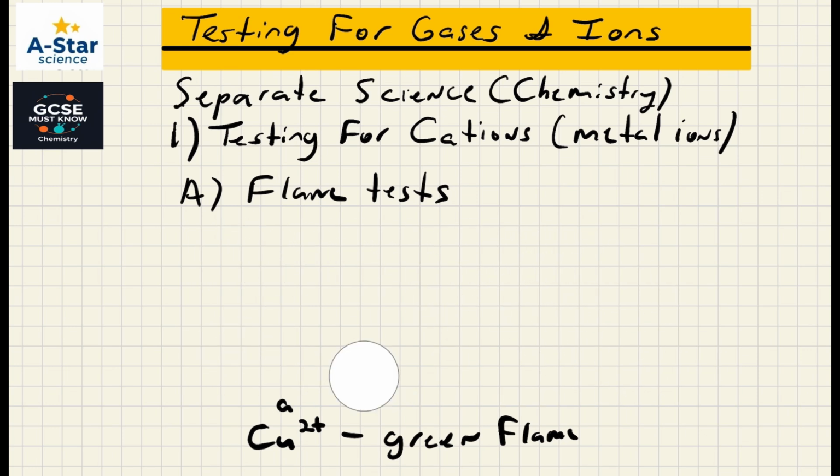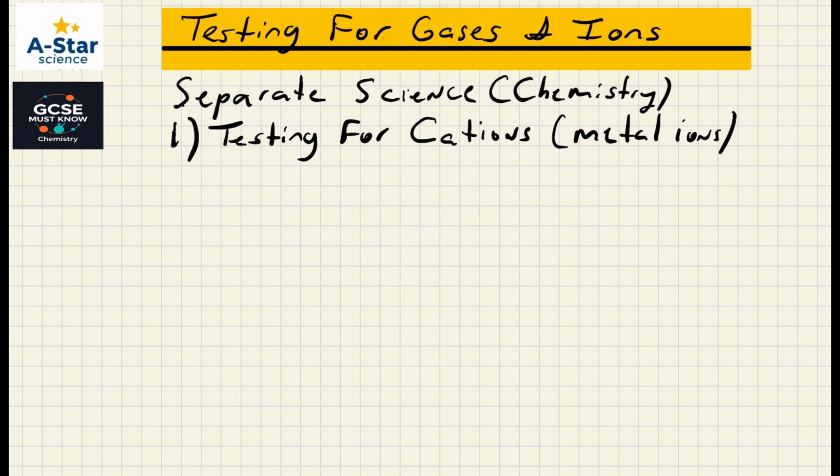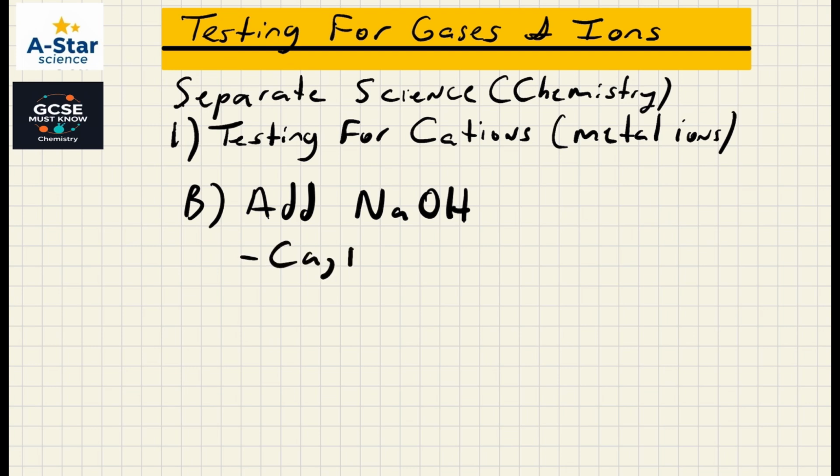So another way that you can use besides the flame test is by using a substance called sodium hydroxide. So if you add sodium hydroxide to the different ions, you will get different precipitates form. So for example, if you add sodium hydroxide to calcium or to magnesium and to aluminium, they all form a white precipitate.